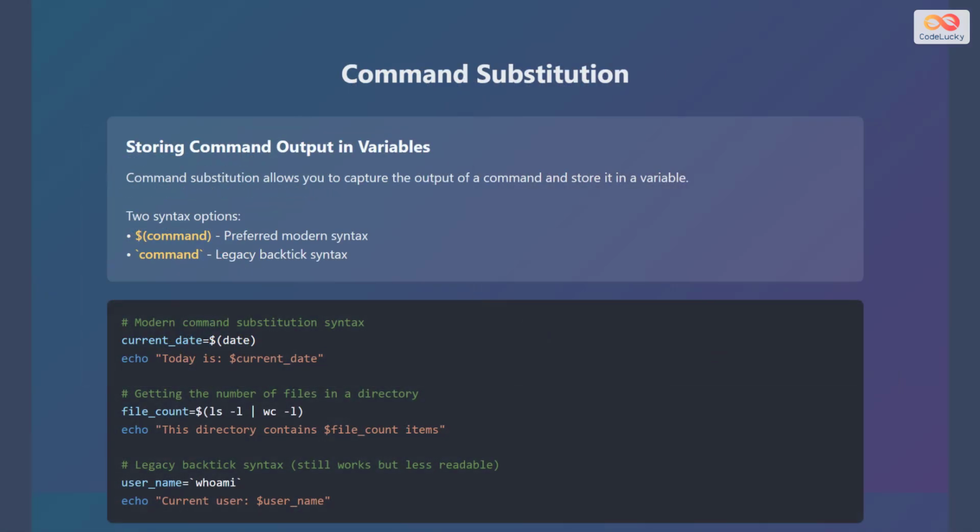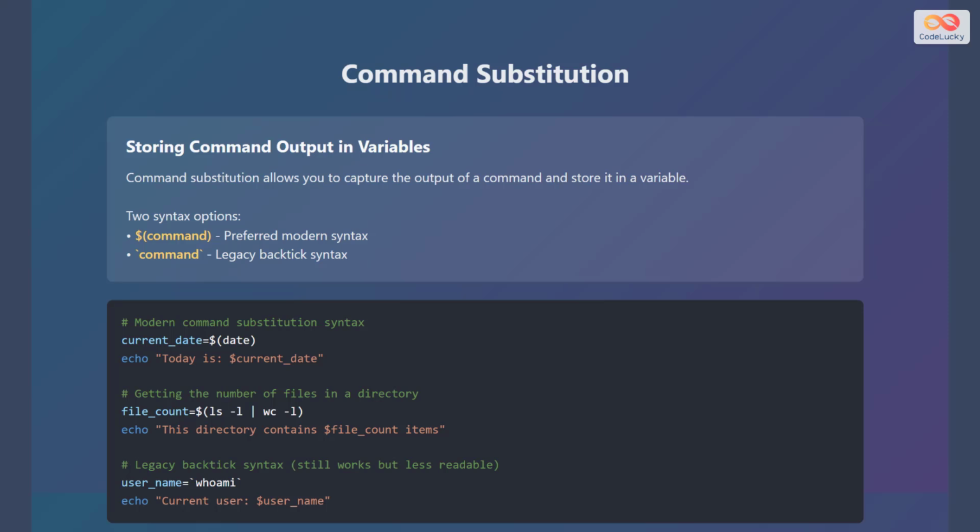Command substitution allows you to capture the output of a command and store it in a variable. There are two syntax options: $(command), which is the preferred modern syntax, and `command`, which is the legacy backtick syntax. For example, the code current_date=$(date) stores the current date in the variable current_date.